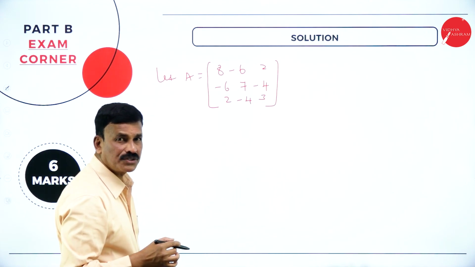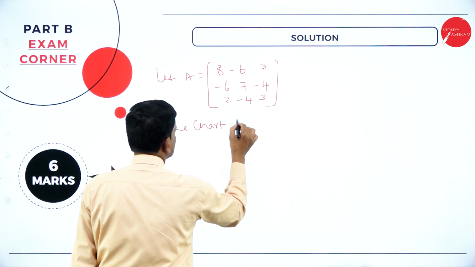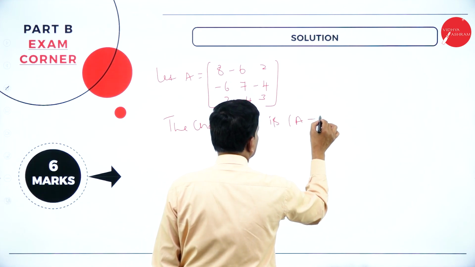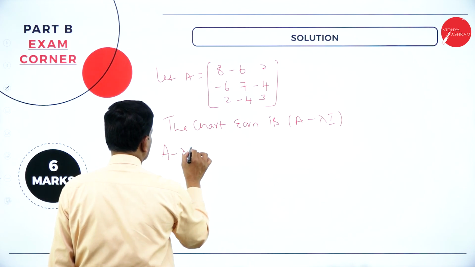Now, let us write down the characteristic equation. The characteristic equation is A minus lambda I. What is A minus lambda I?